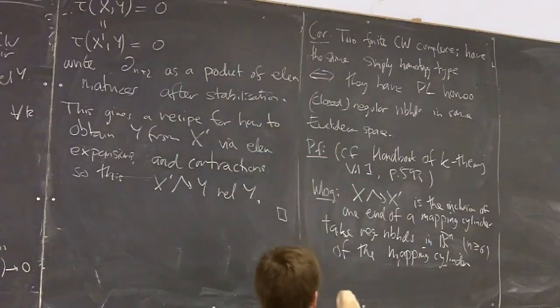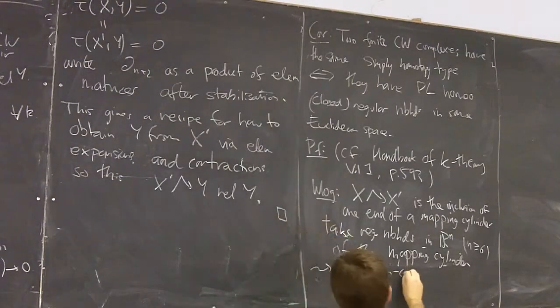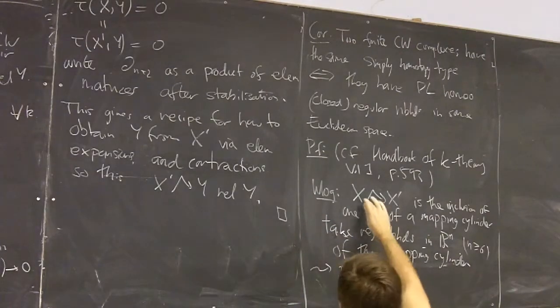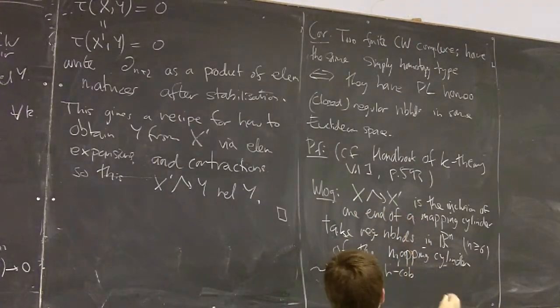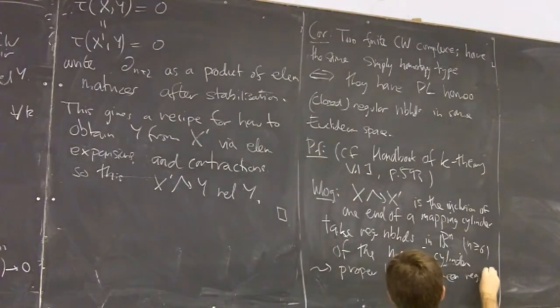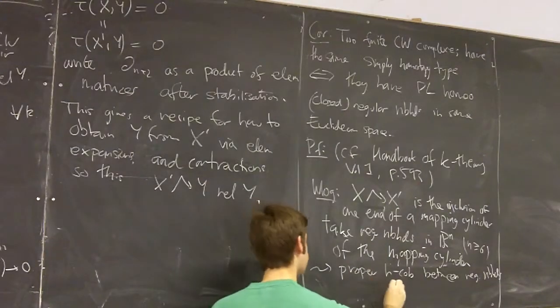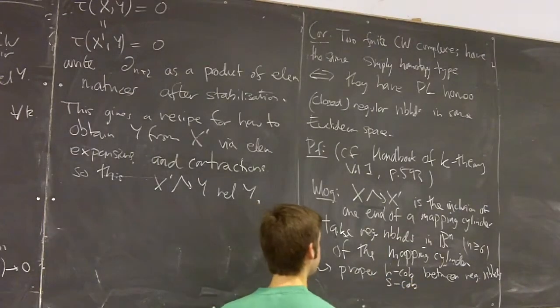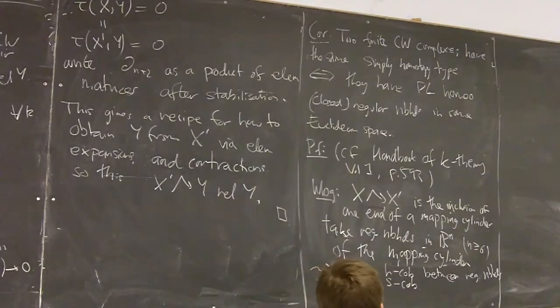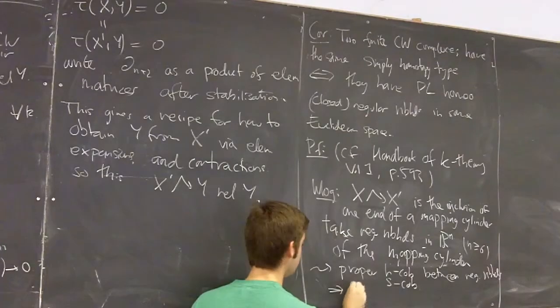And the point is that this regular neighborhood should be a proper h-cobordism between a regular neighborhood of this and a regular neighborhood of that. And in fact, because this is a simple homotopy equivalence, it's an s-cobordism. It has torsion 0, and then we can apply the s-cobordism theorem to say that this is a product.